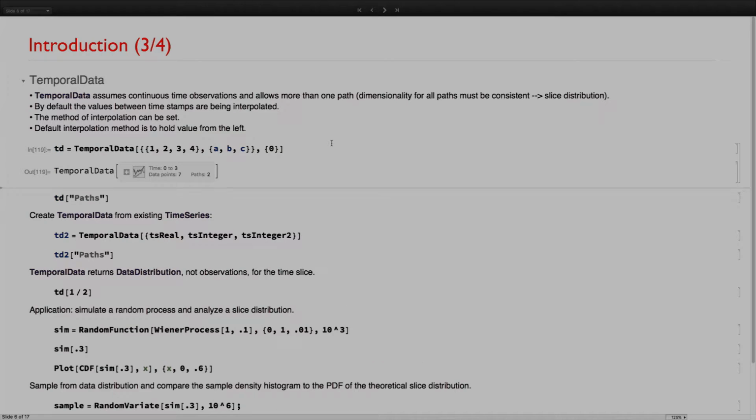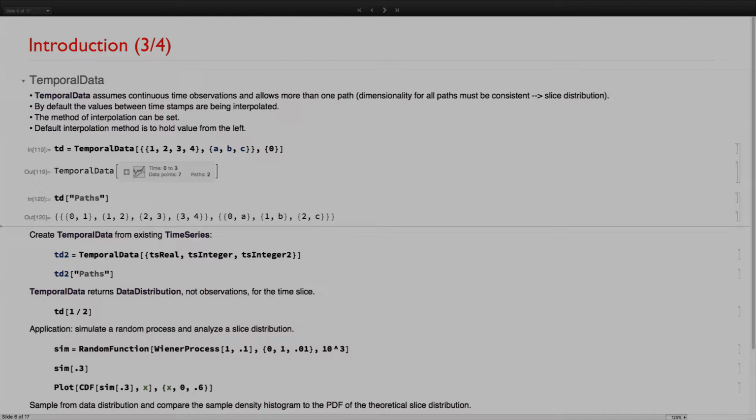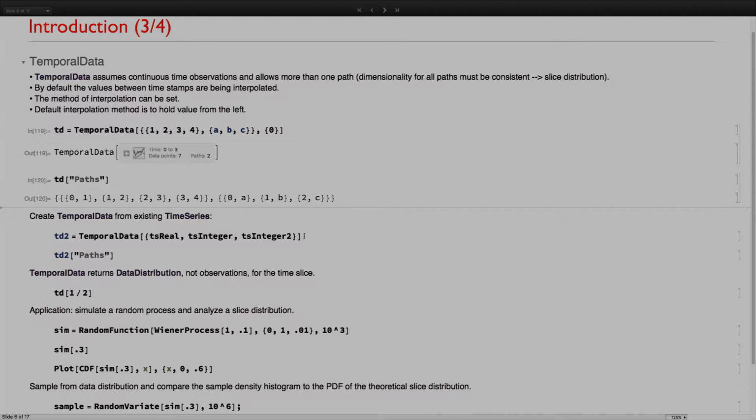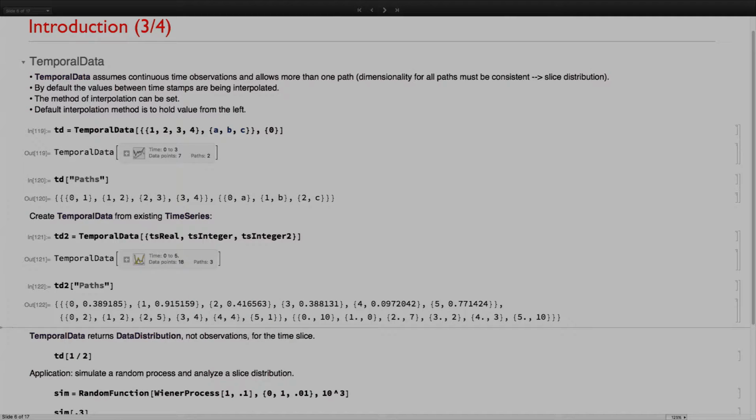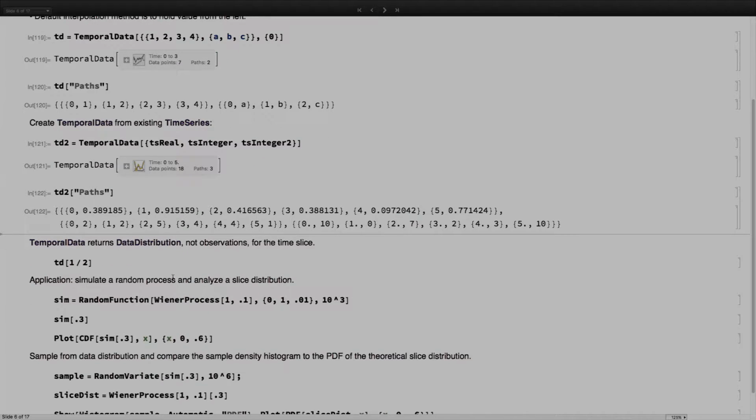So, an example of some temporal data. This is a 2-path temporal data. One path has 4 observations, the other has 3. We can create temporal data from existing time series, basically just wrap TemporalData around the list of time series. And we just created a new object, and each time series becomes a new path in the temporal data.